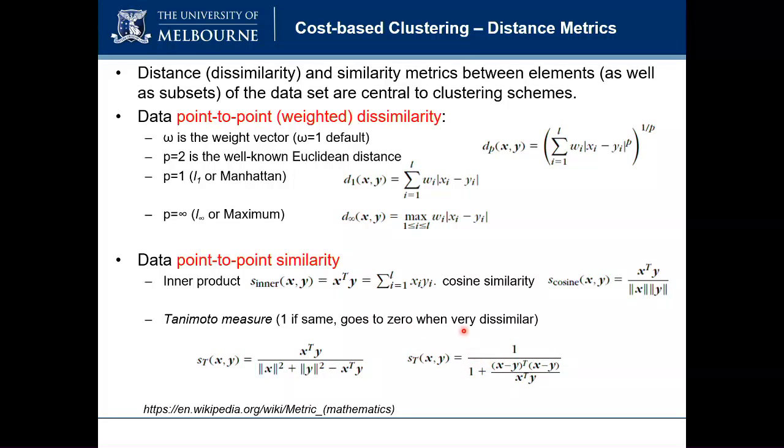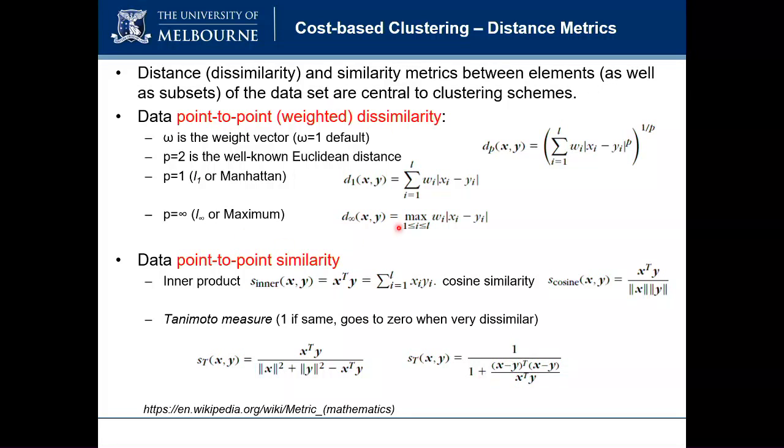So it's kind of normalizing it between 0 and 1. If they are very far away, the denominator goes larger and larger, and then the similarity measure goes to 0. If they are the same, you see these x minus y's become 0, then 1 over 1, 1. If they are most similar, then you get 1.